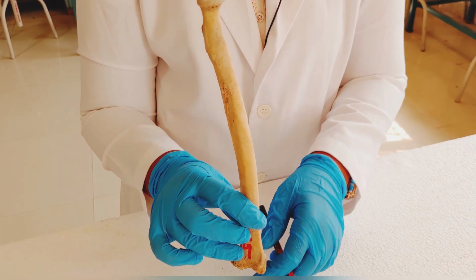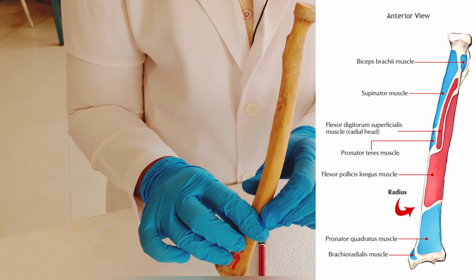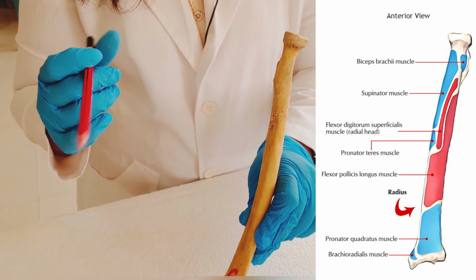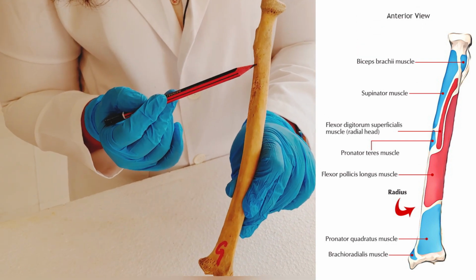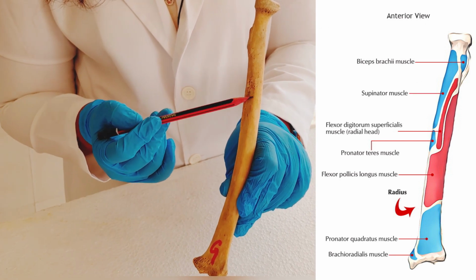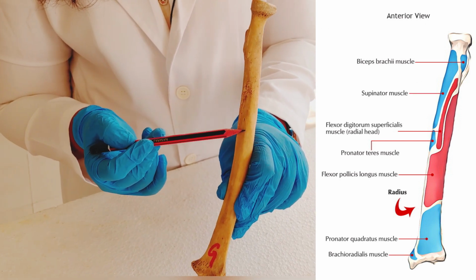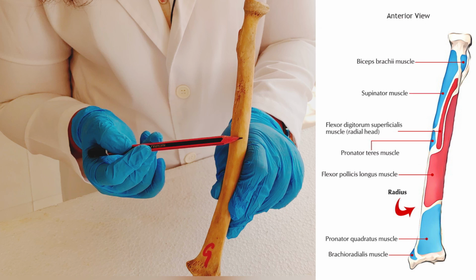Coming to the anterior surface, along the anterior surface and anterior border, this oblique line, we call it the anterior oblique line, which is nothing but the anterior border itself.